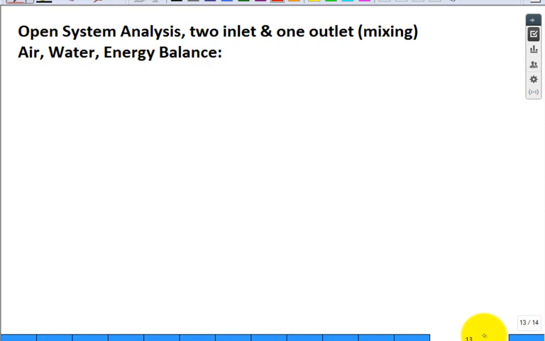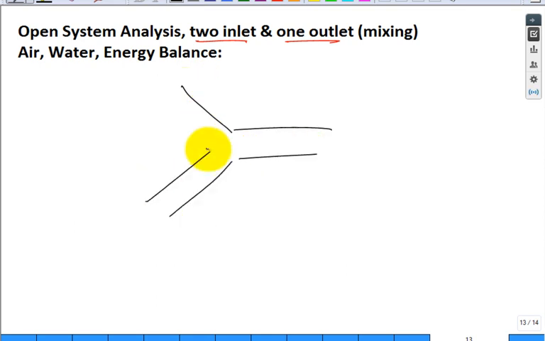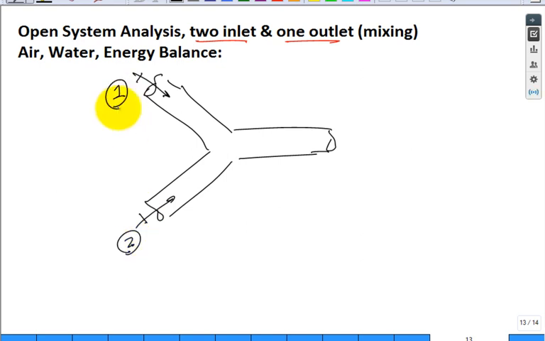All right. Well, what happens when you have 2 inlets and 1 outlet? Typically this is just mixing, isn't it? So you have just 1, and then 1, and then 1, like that. We come in with state 1, inlet state 2, and go out with state 3.